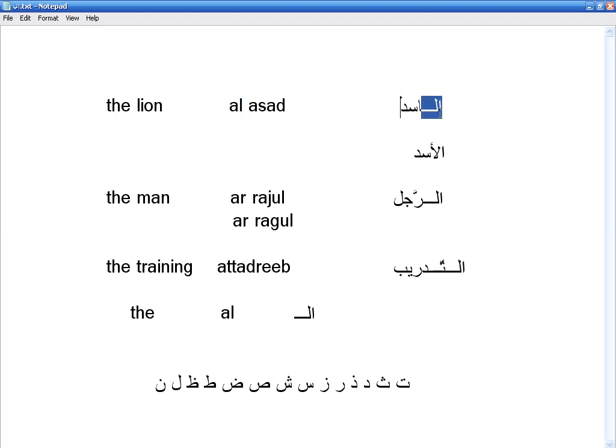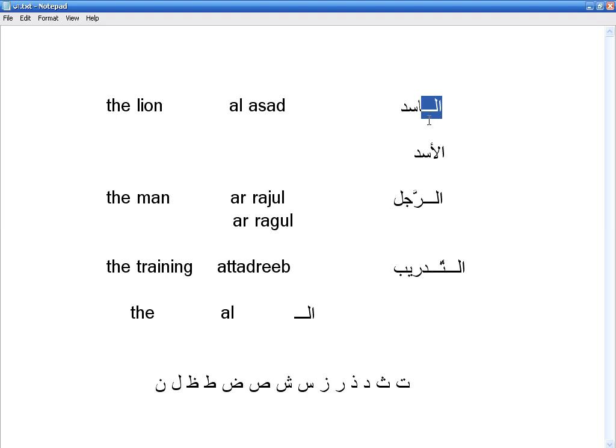So by putting al in Arabic, I determined that noun. I determined it by putting al before that noun, okay. And this is the same thing that's going to happen in the following two examples, in the next two words right here.